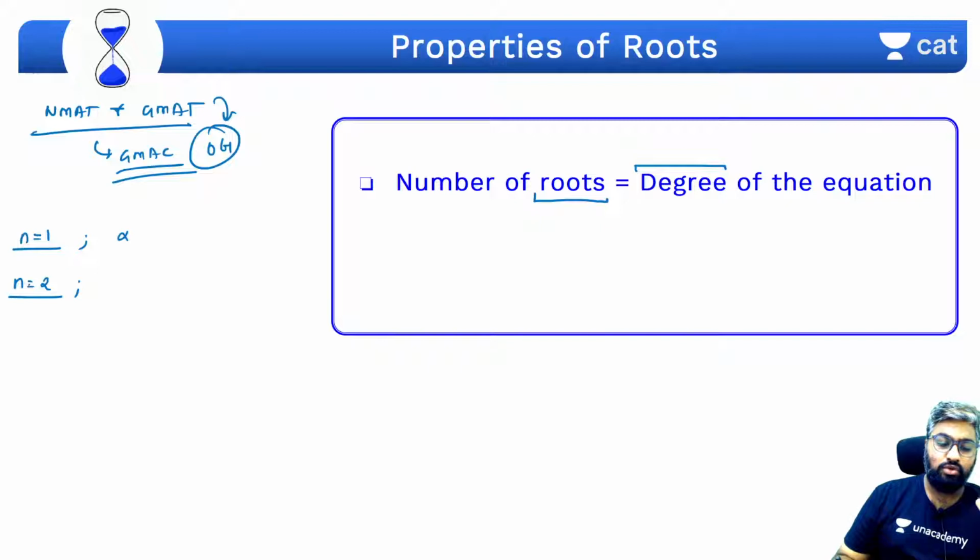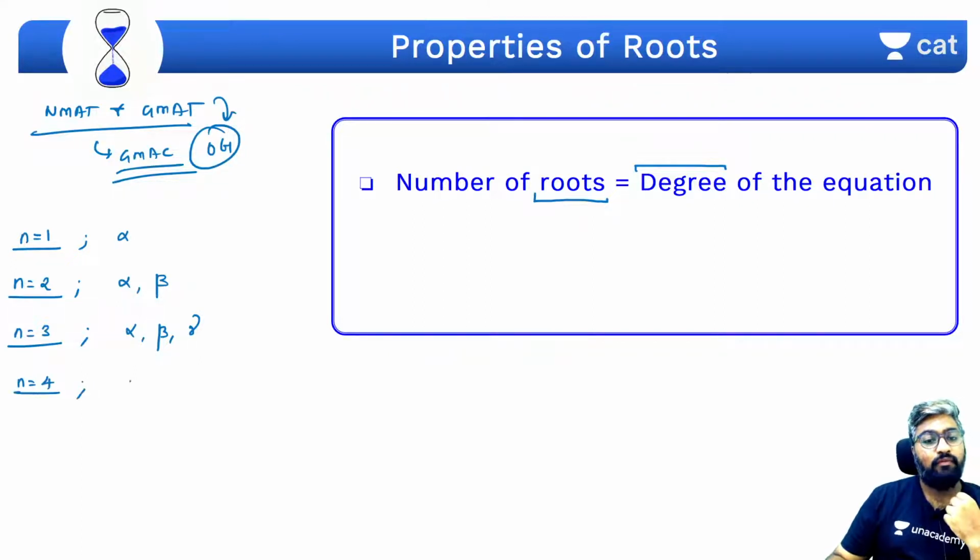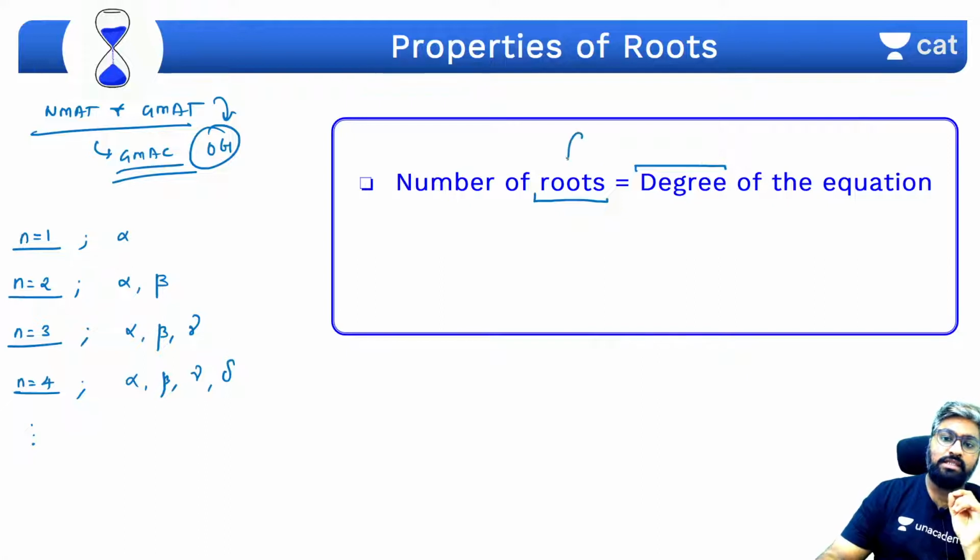If the degree is 2, a quadratic equation, how many roots? 2 roots. If the degree is 3, a cubic equation, we will have 3 roots, alpha, beta, gamma. If the degree is 4, we will have 4 roots, alpha, beta, gamma, delta. This will keep going on. So the number of roots is equal to the degree of the equation.